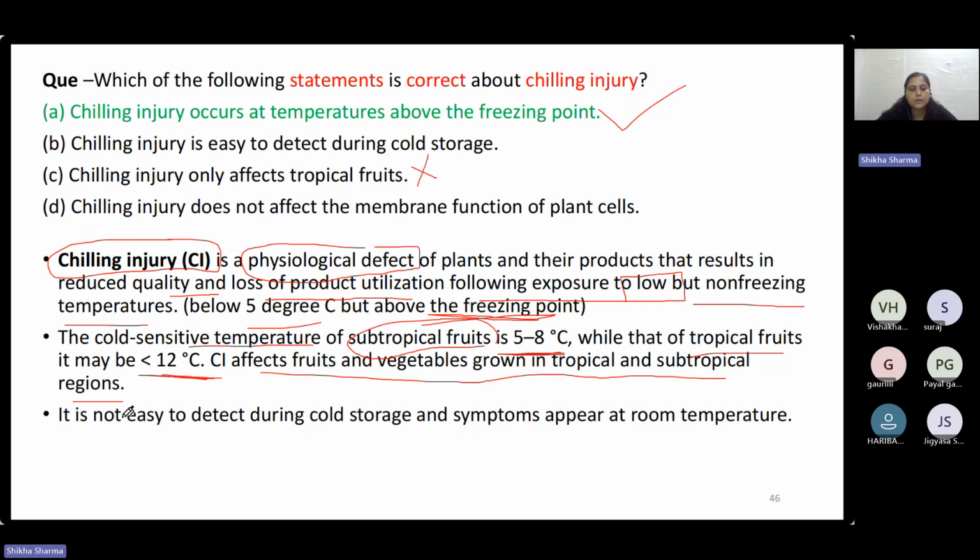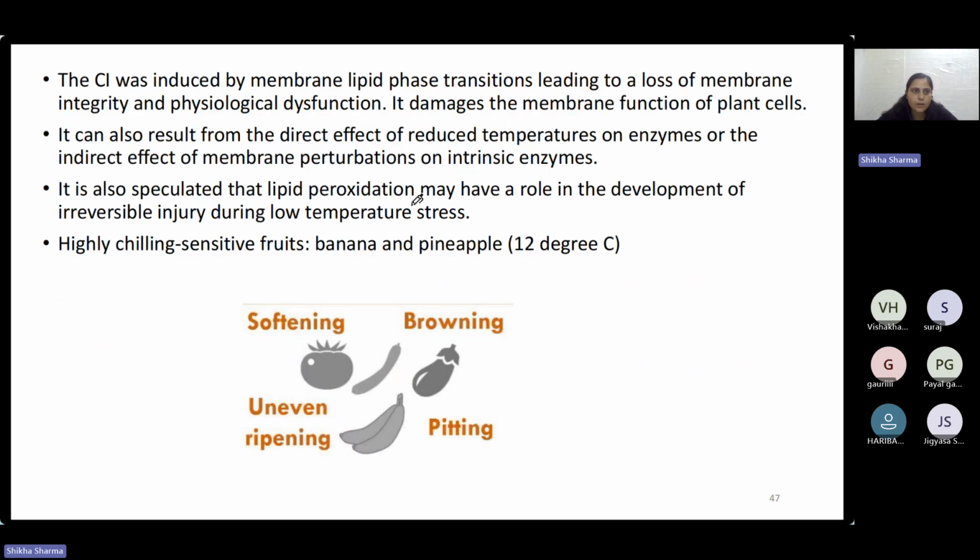C is incorrect. It is not easy to detect during cold storage. When the product is stored in the cold storage, chilling injury cannot be detected, but when the product comes to room temperature, the symptoms appear. So B is incorrect.